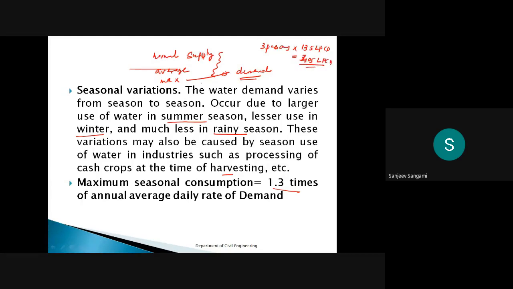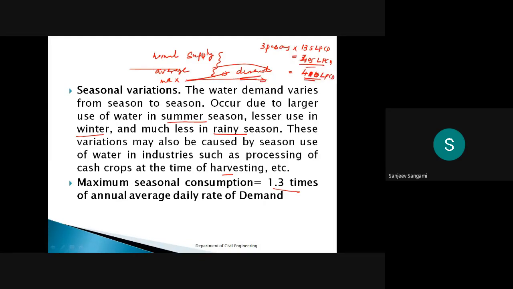That is the normal calculation. If you consider the average, assume it is going to be 410 liters per day, so it has its own calculations.